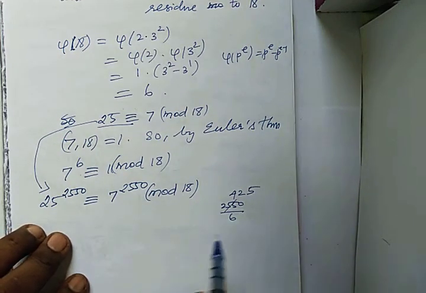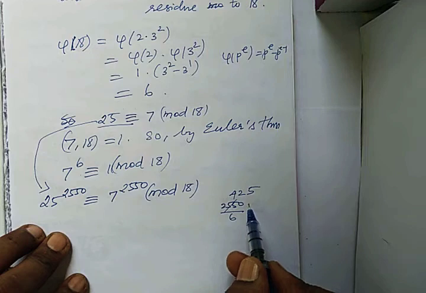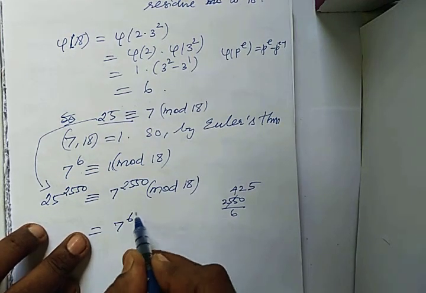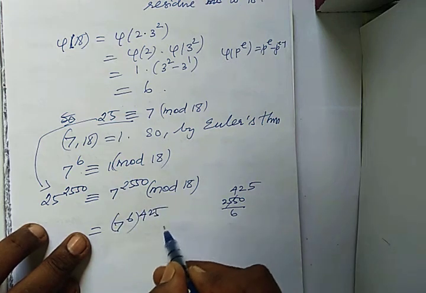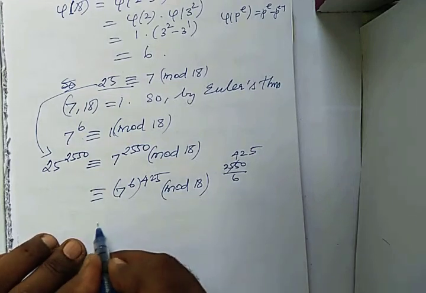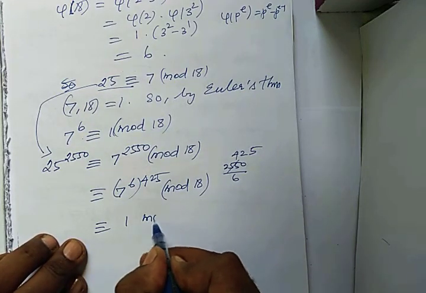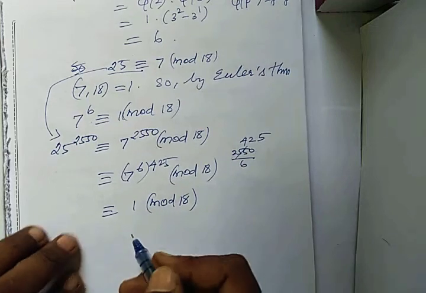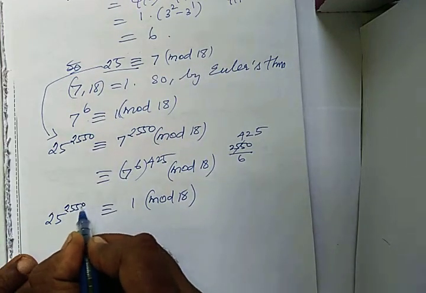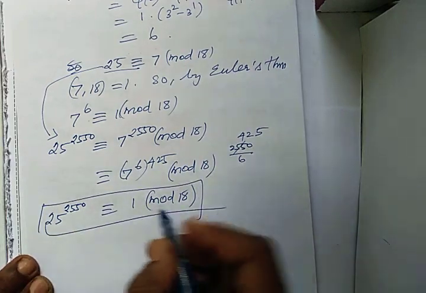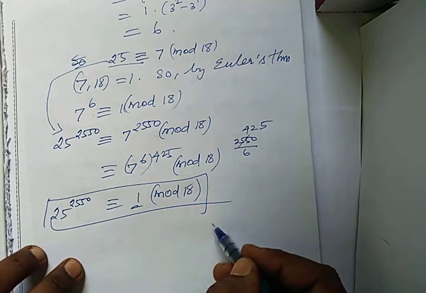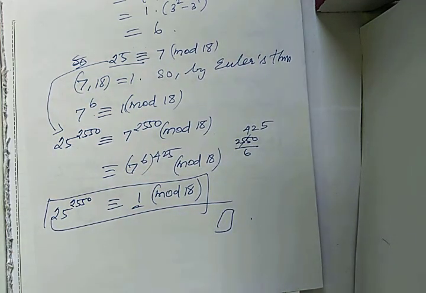See here, this 2550 is equal to 425 times 6. So we can write this as 7 power 6 to the 425 mod 18. But this is congruent to 1 mod 18. So the answer is 1 only. If you divide this number by 18, we will get the remainder 1 using Euler's theorem.